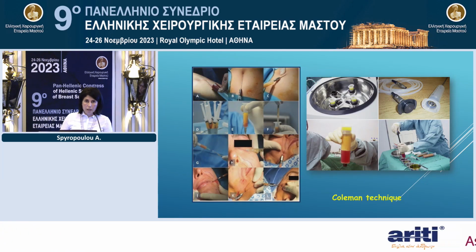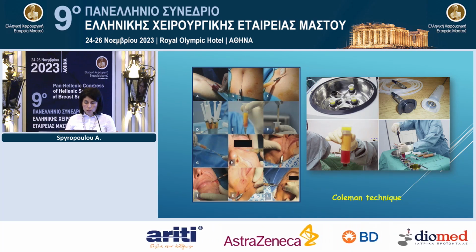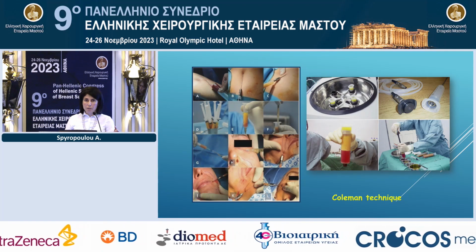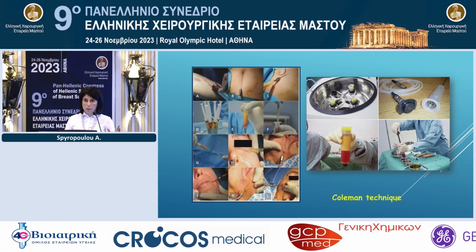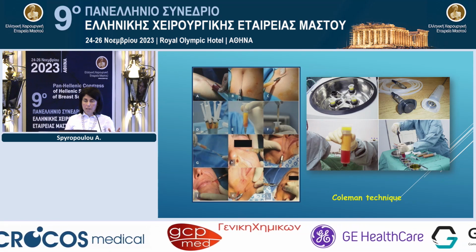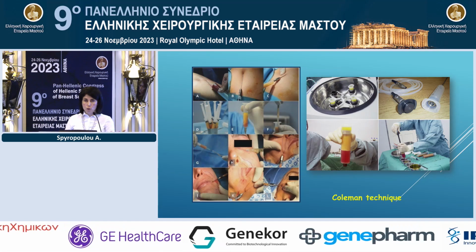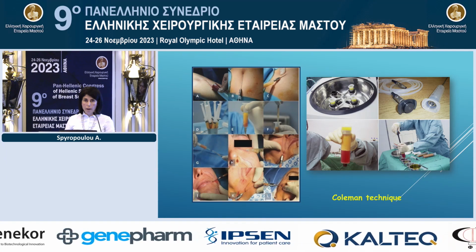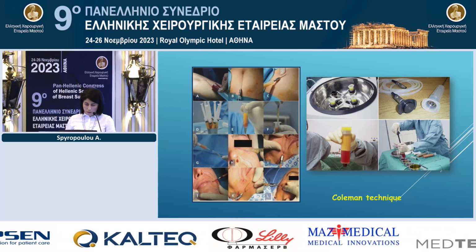The Coleman technique consists of performing the liposuction with any method that we want, and then we put the fat into 10 ml syringes, and we put them into a centrifuge, and we spin for 3 minutes at 3,000 revolutions per minute. After the centrifugation has finished, we remove the serosanguinous fluid and the oil, and you can see that approximately 40% of fat remains.